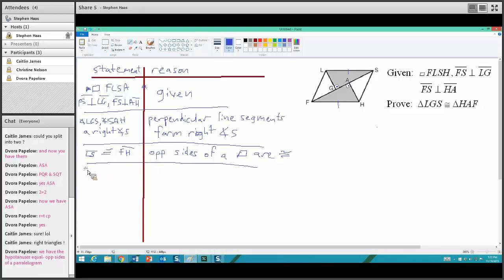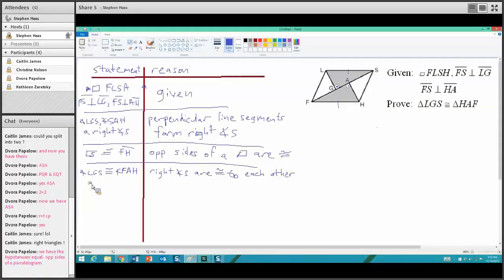So let's say angle LGS is congruent to angle FAH because right angles are congruent to each other.